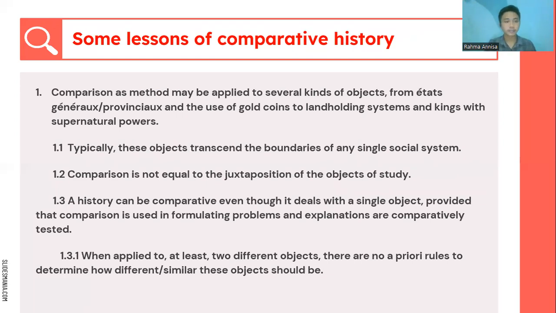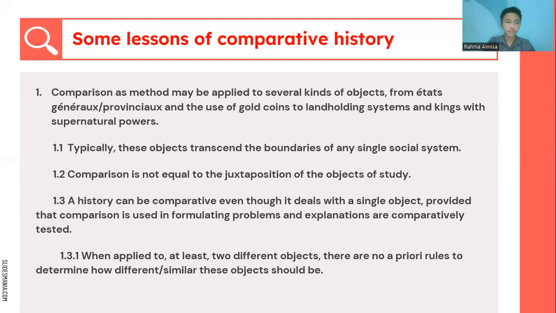And here are some lessons of comparative history. The first one: comparison as a method may be applied to several kinds of objects, from states or estates, generics or provincials, and the use of gold coins, to land holding systems and kings with supernatural powers. 1.1, typically these objects transcend the boundaries of any single social system.